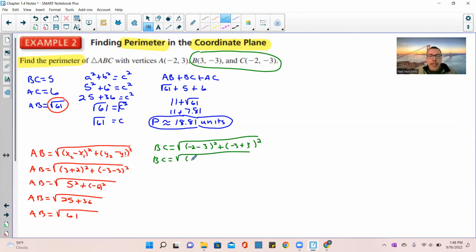Simplifying that, we're going to get -2 minus 3 is -5 squared, plus -3 plus 3 is 0 squared, and I get BC equals the square root of 25, and that square root of 25 is 5, and there it is. And then finally the last one.